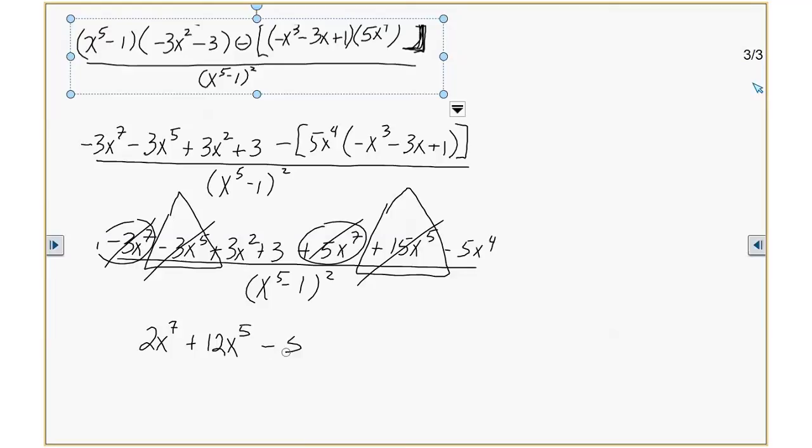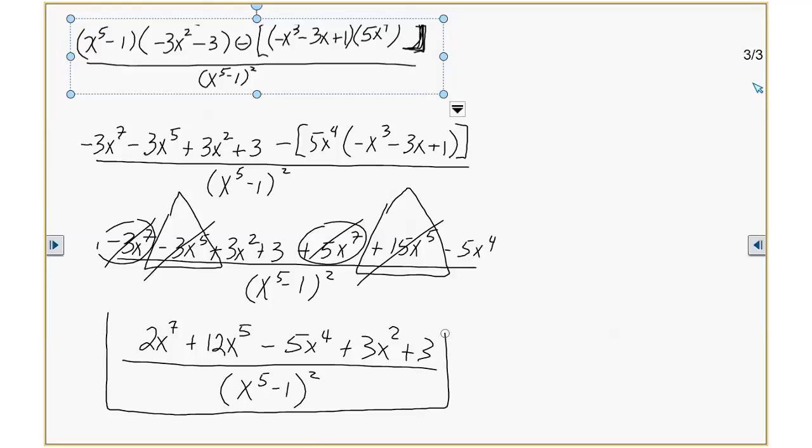Minus 5x to the 4th plus 3x squared plus 3 over x to the 5th minus 1 quantity squared. Now, that's shortcut number 2, which will give you x to the 10th minus x to the 5th plus 1? You're not going to be able to do anything with that. So, is that what y'all got? Good. All right, let's do the next one.